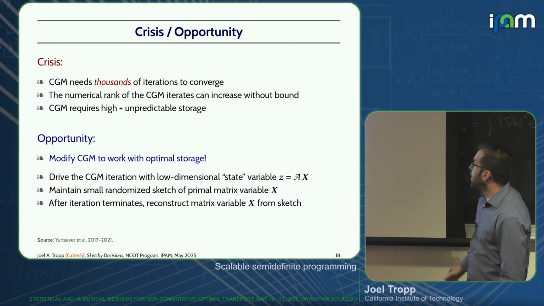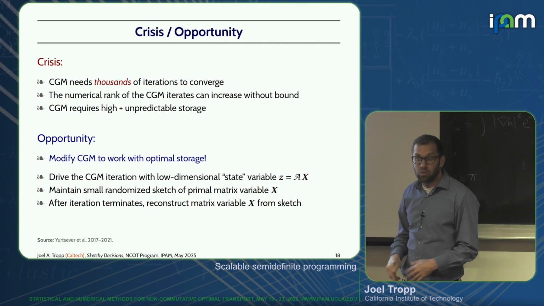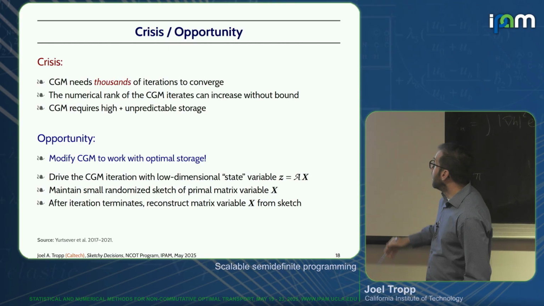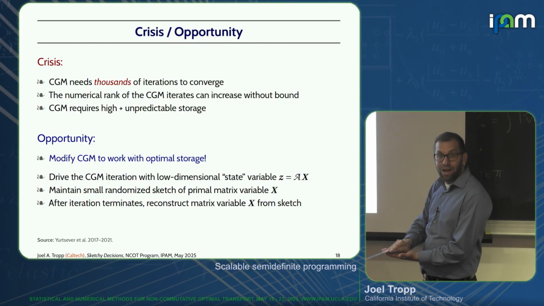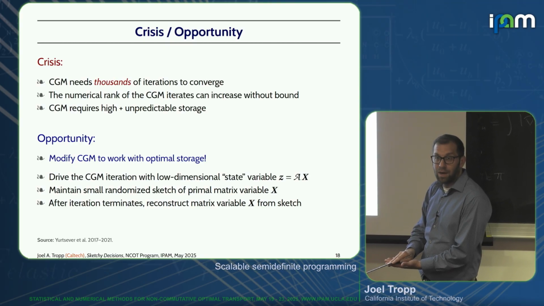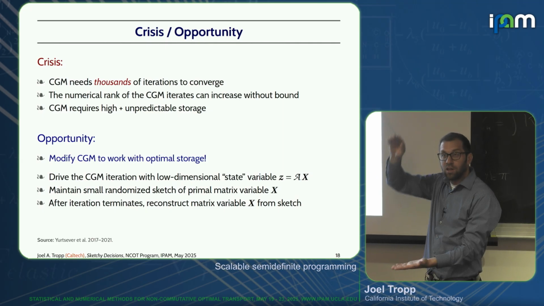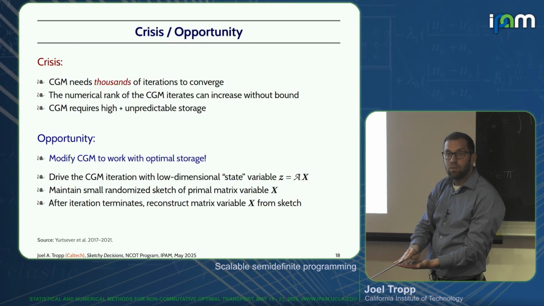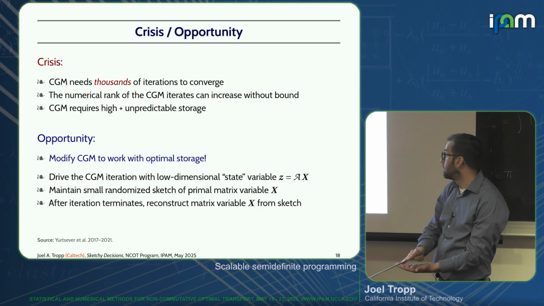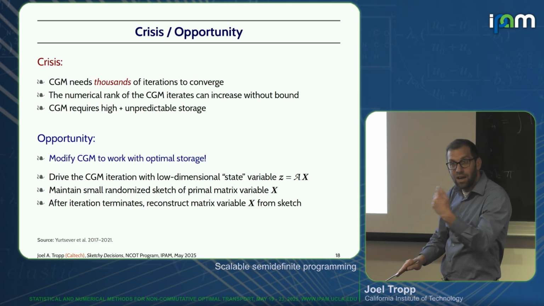Second, instead of keeping track of this big n by n matrix, which we need to solve the problem, we're going to compress the matrix X using randomized sketching. So instead of tracking the matrix X, we're going to track a random linear image of the matrix, which is a low-dimensional object, and we're going to update that at each iteration.